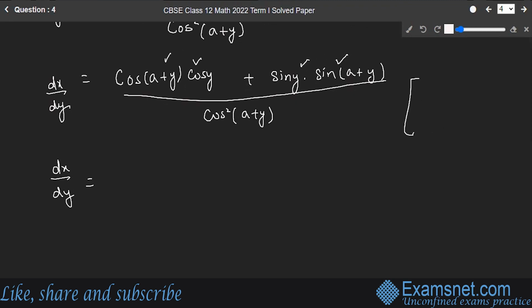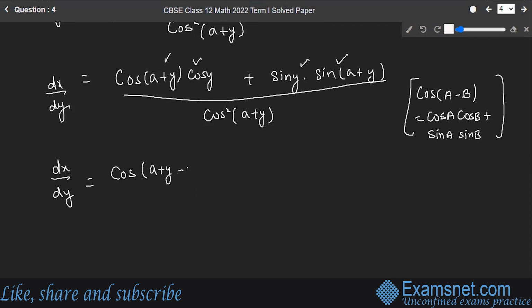You know that formula is for cos a minus b. This is equal to cos a cos b plus sin a sin b. So this is equal to cos a minus b whole divided by cos square a plus y.